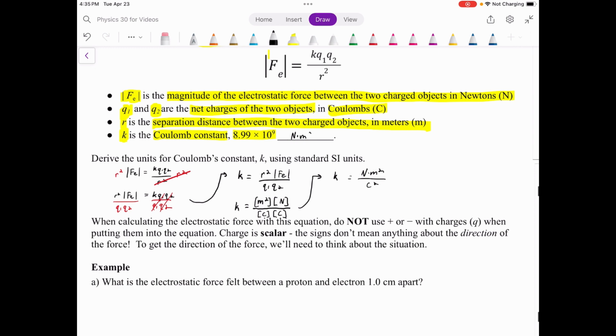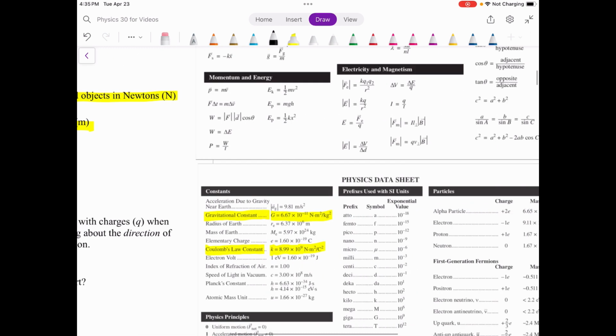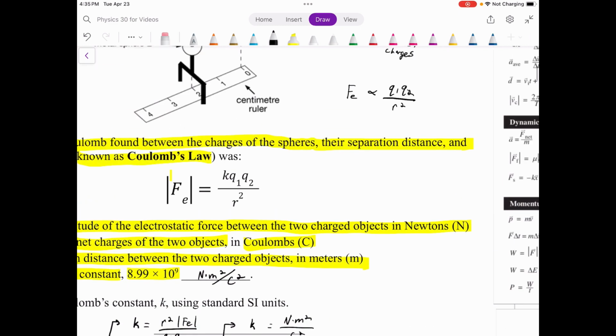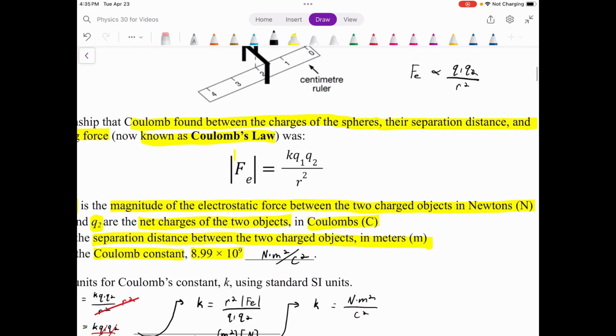Newton meters squared per Coulomb squared. And if we check over here on the back of the formula sheet, sure enough, Newton meters squared per Coulomb squared. And that actually makes a lot of sense, because if K is measured in Newton meters squared per Coulomb squared, then when I multiply it by coulombs and coulombs again, I no longer have per Coulomb squared.